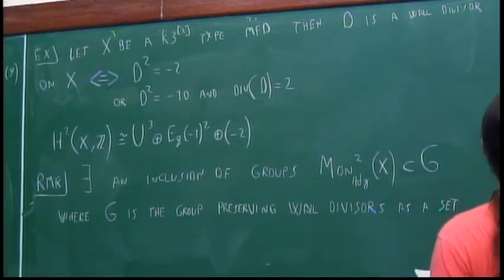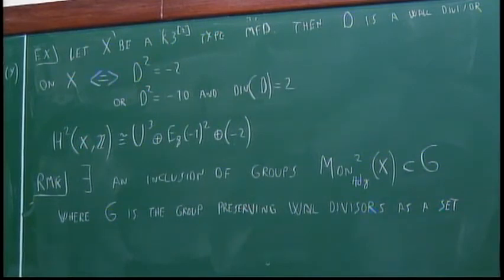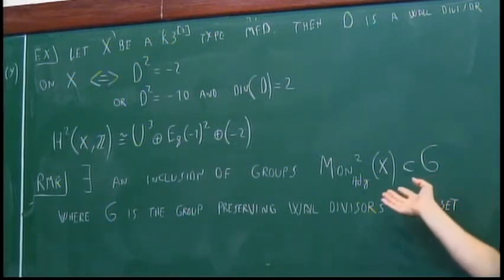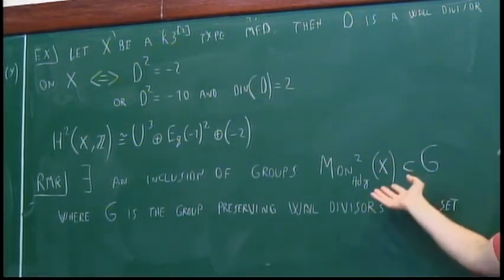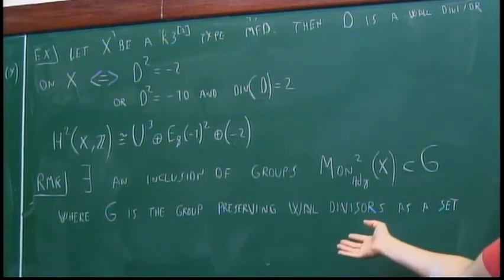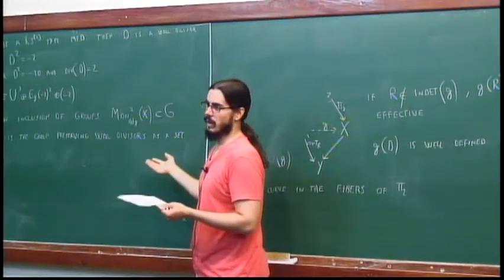So this upper bound itself is not enough to compute Mon^2_Hdg, but in some cases, actually in the generalized Kummer case, there was already a lower bound. And the nice thing is that these two bounds coincide.